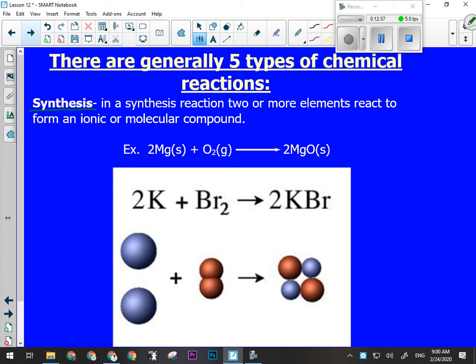Then we also have these big numbers. We got little numbers and we got big numbers. The difference between the big numbers and the little numbers is this. Little numbers indicate atoms that are chemically bonded to each other. Anytime you see the subscript numbers, it means these two or more atoms are chemically bonded. When you see the big numbers, they indicate that there are two of this material.